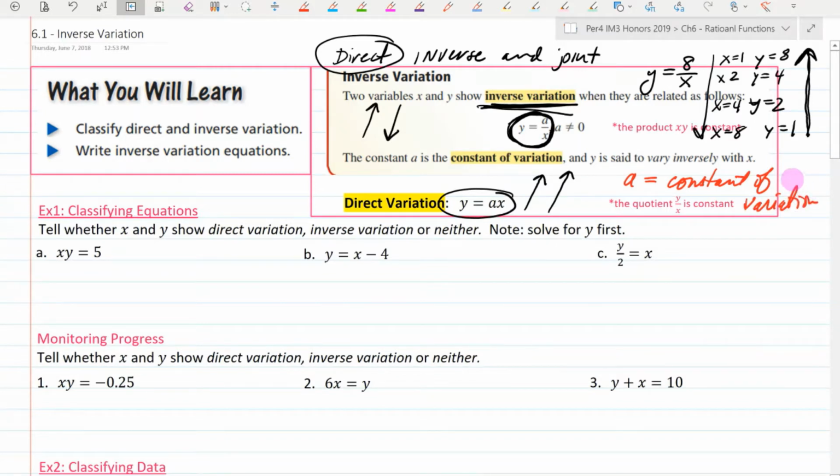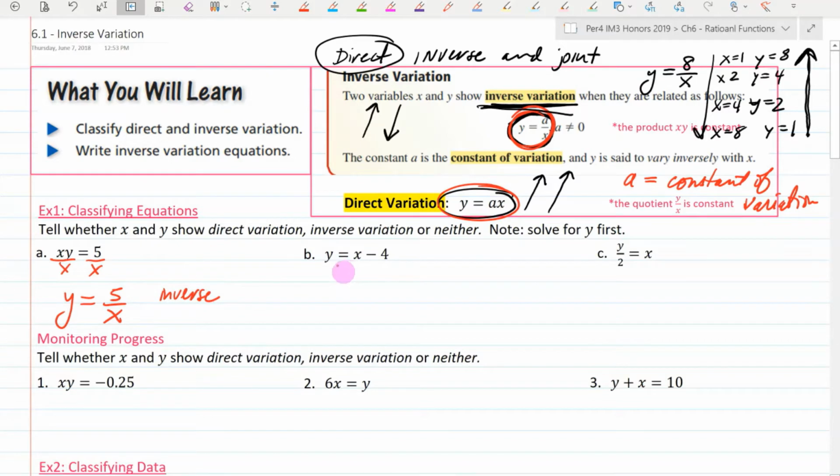All right, so what you want to do is solve for y. And then when you solve for y, the a value has to be the whole number, or you have to be able to write it in one of these two forms for direct or inverse, okay? So if I solve for y here, for the first one, I'm going to have y is equal to 5 over x, okay? And that's inverse variation.